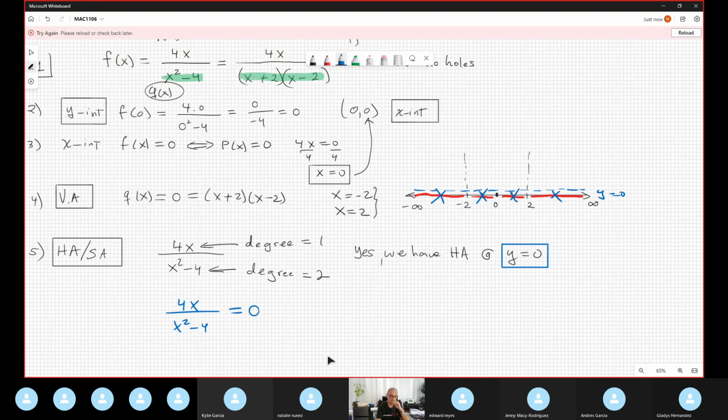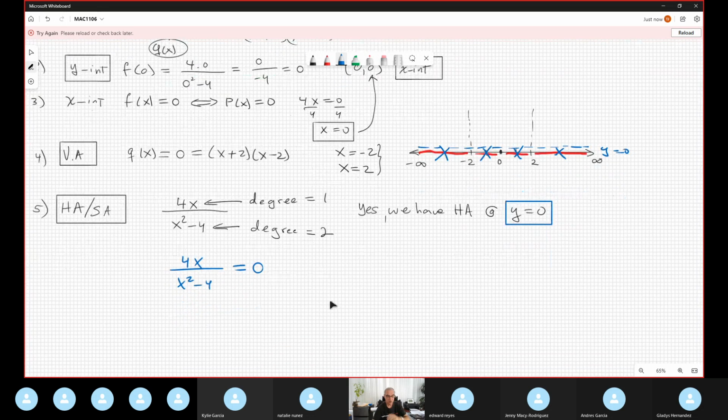Remember, when you have a fraction equal to 0, this is equivalent to saying 4x equals 0, so I don't care about this part, because the responsibility to be 0 is in the numerator. That gives x equals 0.